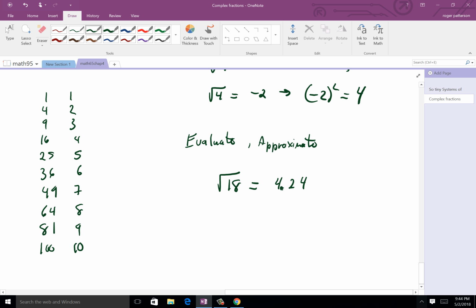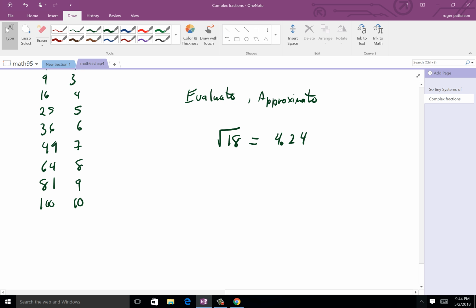And they'll probably tell you where to stop; the book here says thousandths. I kind of like going to hundredths or tenths, depending on the situation. So for me, you can stop right there. Those are your square roots.